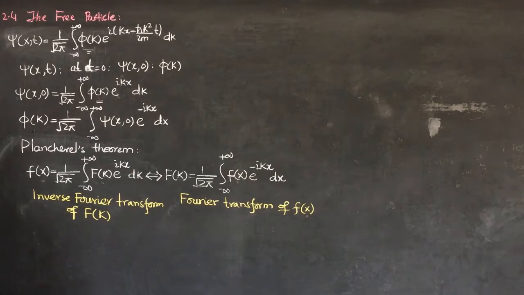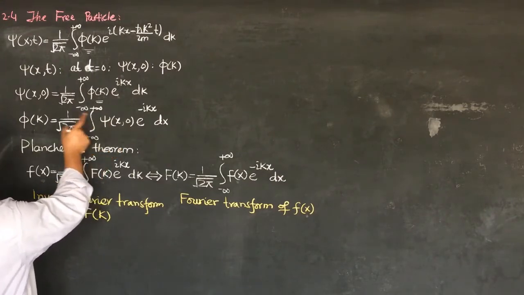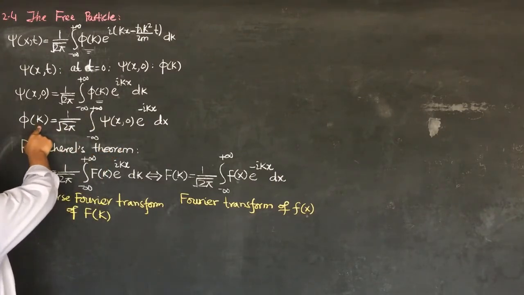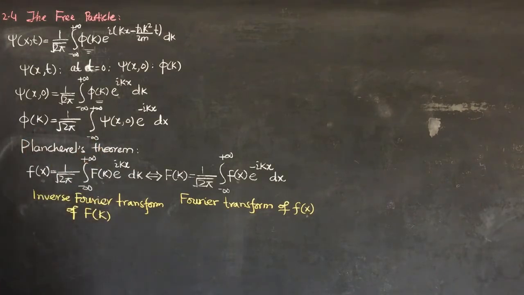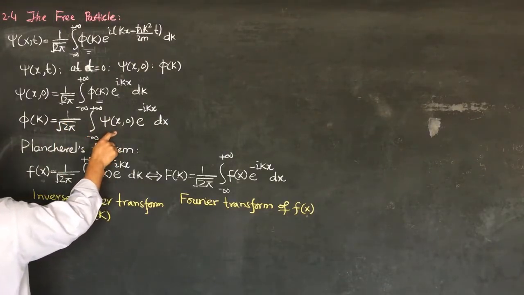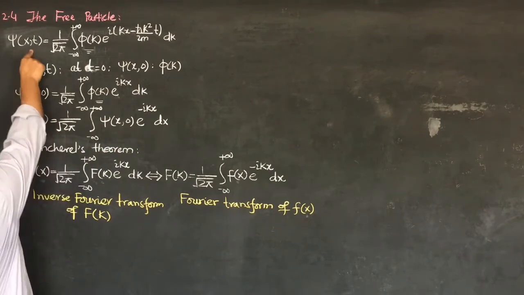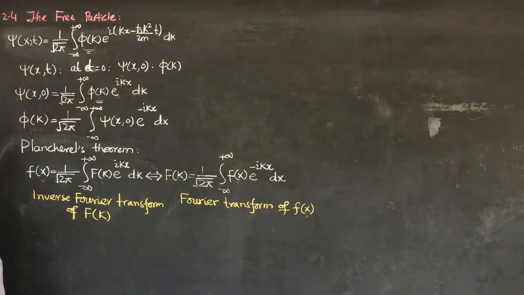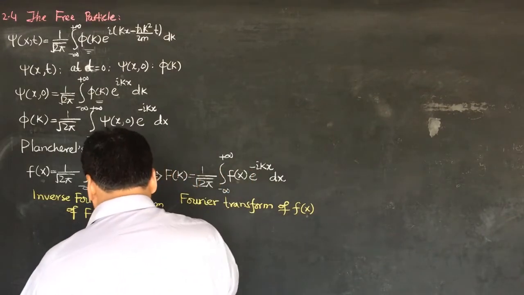So if we find F(k), the φ(k), then we can determine our ψ(x). From our ψ(x,0) we can determine φ(k), and from φ(k) we can determine ψ(x,t), and we can make it normalizable.